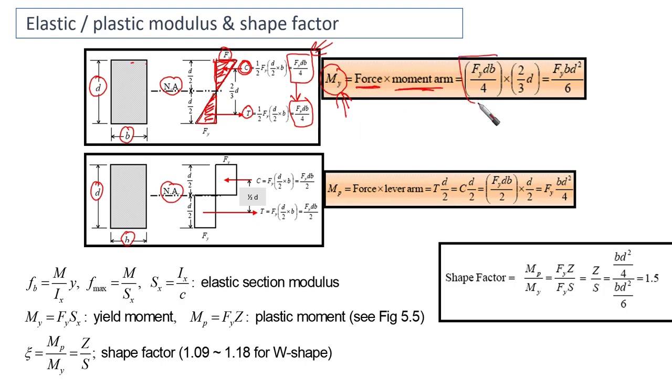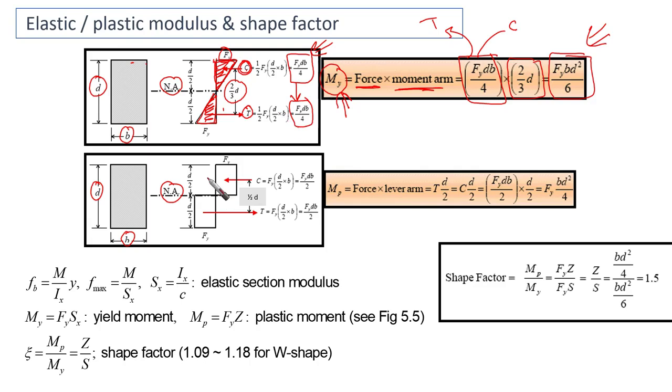The force, whether it is C or T, is no problem here. They are the same, times the distance between C and T. It is 2/3 D, because we are talking about triangles here. So it is 2/3 D. The final M yield is going to be F yield BD squared over 6.